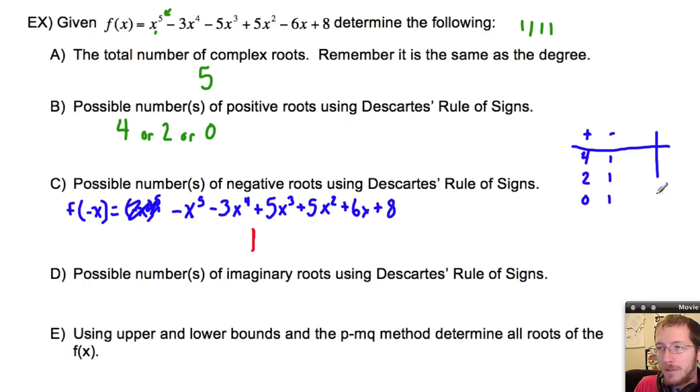So then if our total has got to be 5, since our degree is 5, our imaginaries, 4 and 1 is 5, so no imaginaries for that possibility. 2 and 1 is 3, so we would need 2 and 4 for our last possibility. So now our imaginaries will always come in pairs. Always got the positive and its conjugate to go with imaginary. So these will always be even numbers or 0.